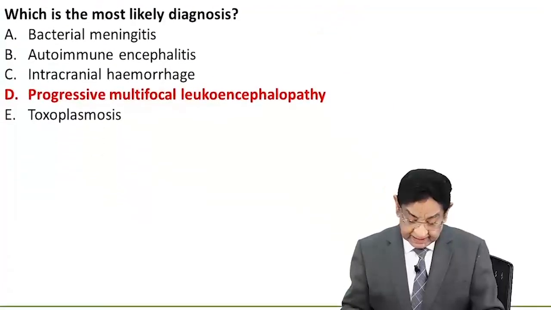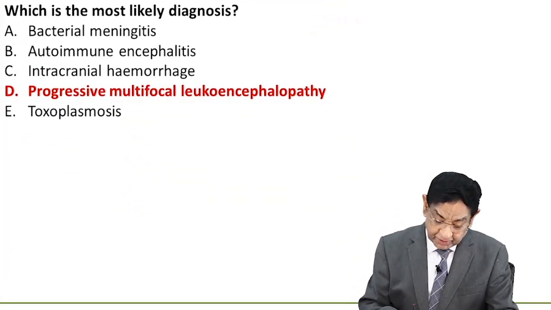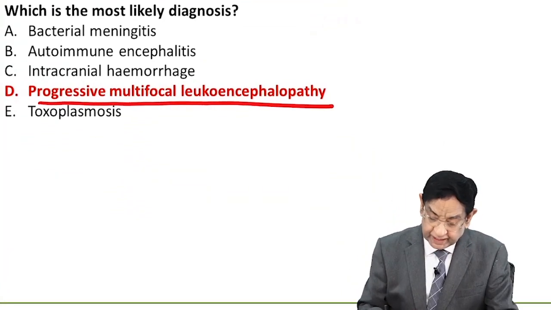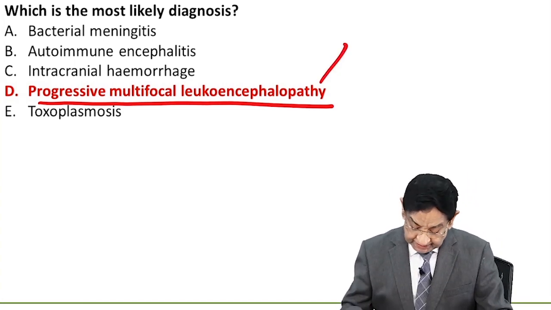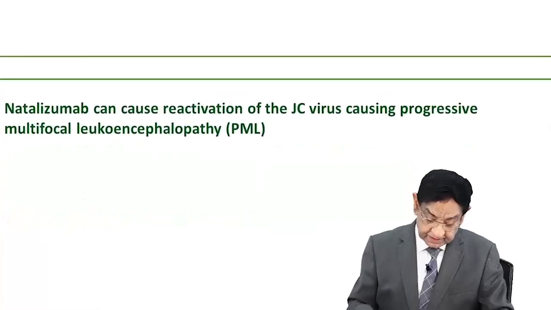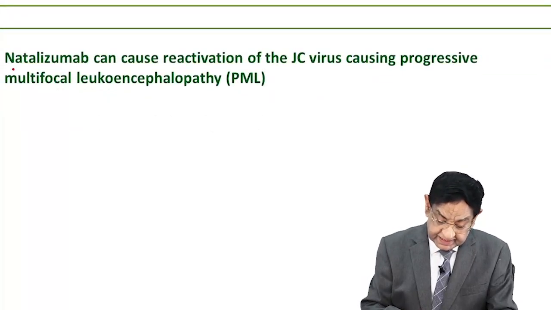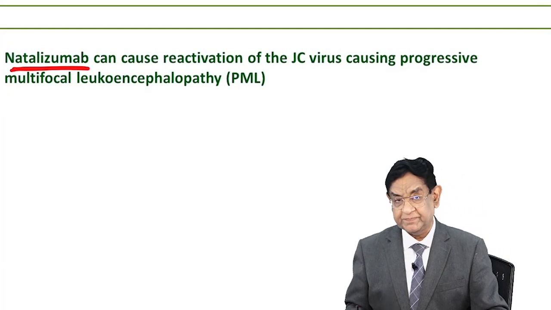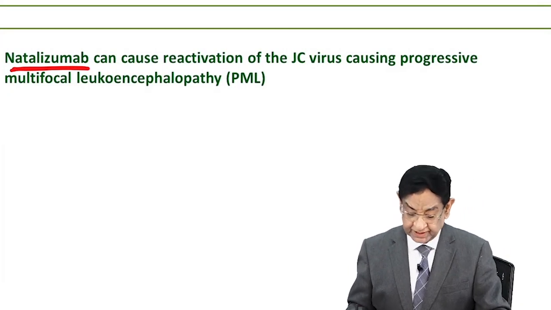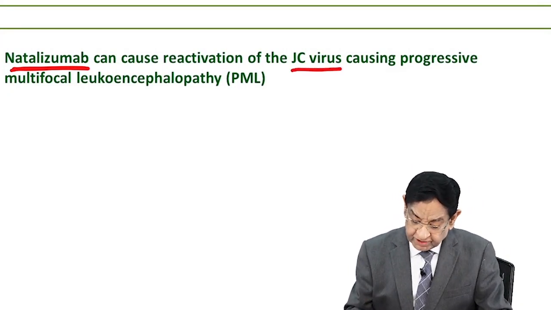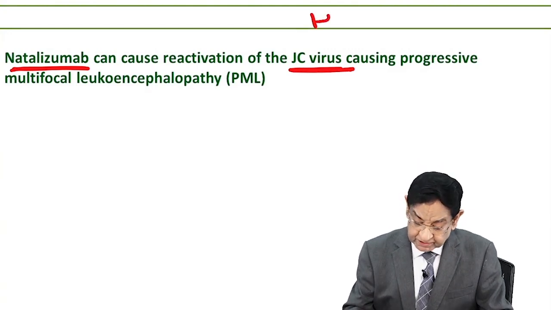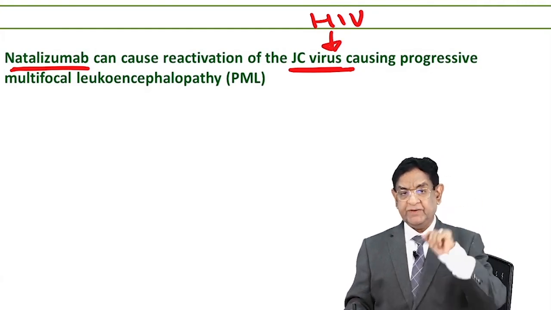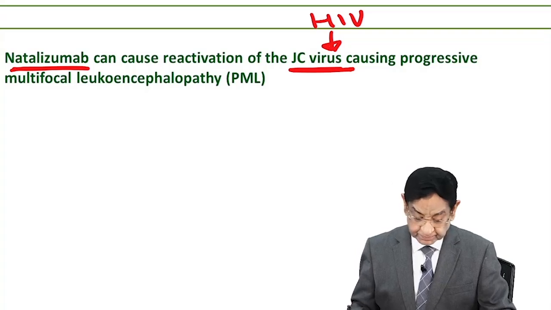So what is the most likely? Answer is progressive multifocal leukoencephalopathy. Why? Natalizumab, as I mentioned earlier, is a monoclonal antibody. It causes reactivation of JC virus, especially in those patients who are HIV cases. So in an HIV patient, it leads to activation of JC virus.